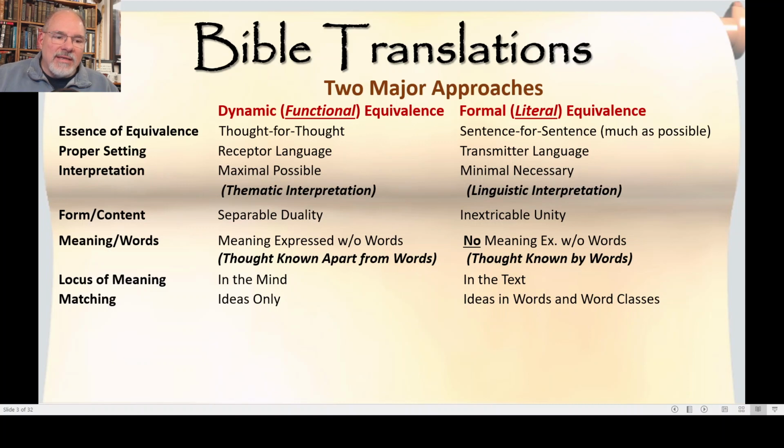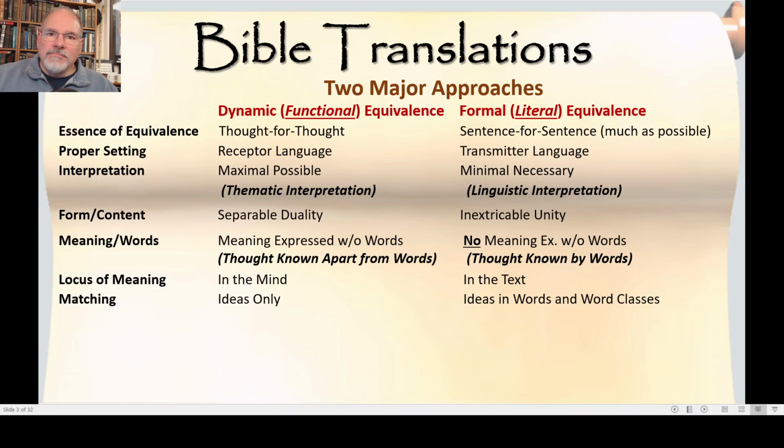Under the dynamic side, they're trying to match ideas only. They're trying to basically grab concepts that they think the writer is dealing with. That's why they're not as concerned about the literal words. In the formal side, ideas and words and word classes. In other words, it's very specific to the words because of how the words are used by the original writer.